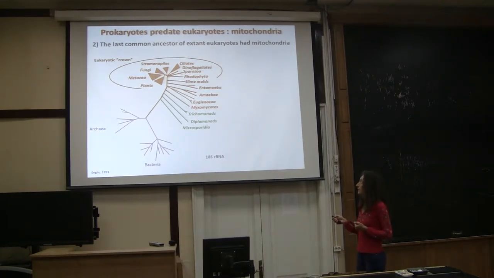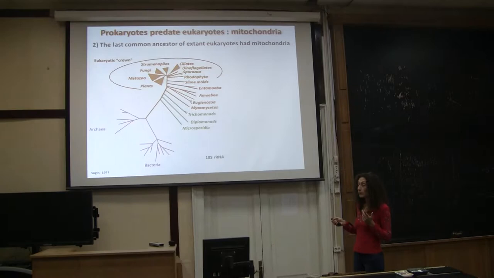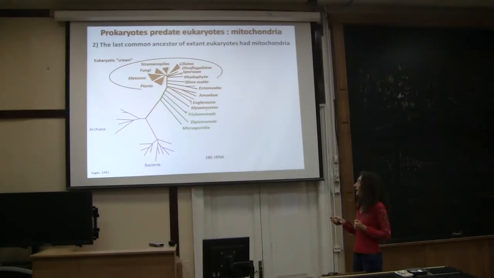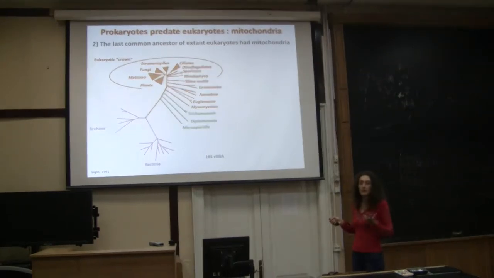And many of these basal lineages were parasitic or anaerobic, corresponding to anaerobic protists that were fermenting and had kind of strange organelles like hydrogenosomes, and these lacked typical mitochondria.